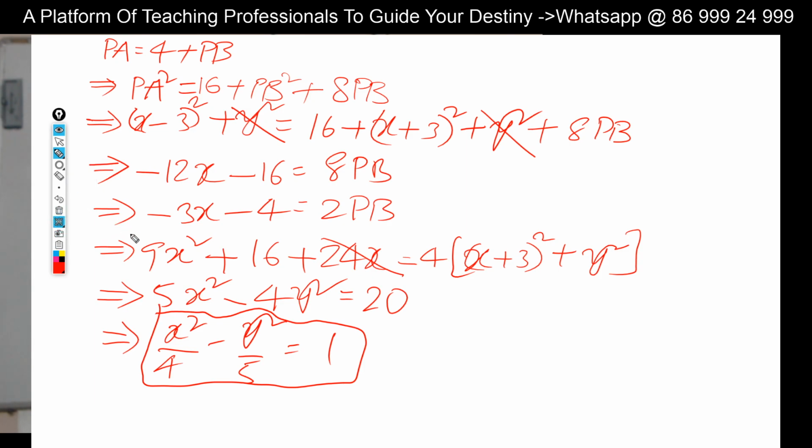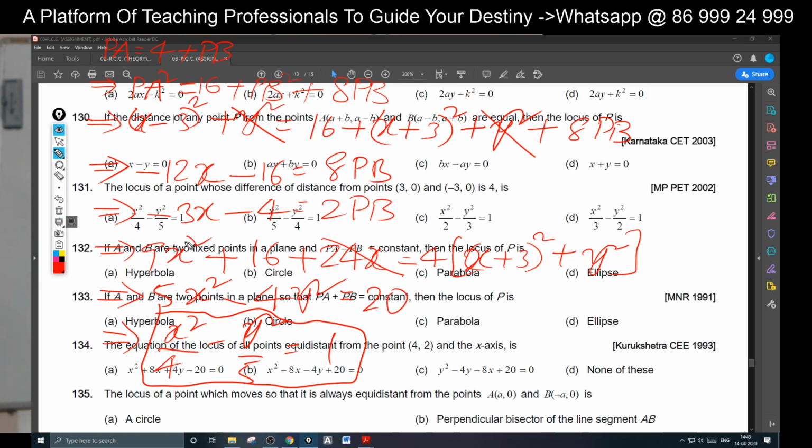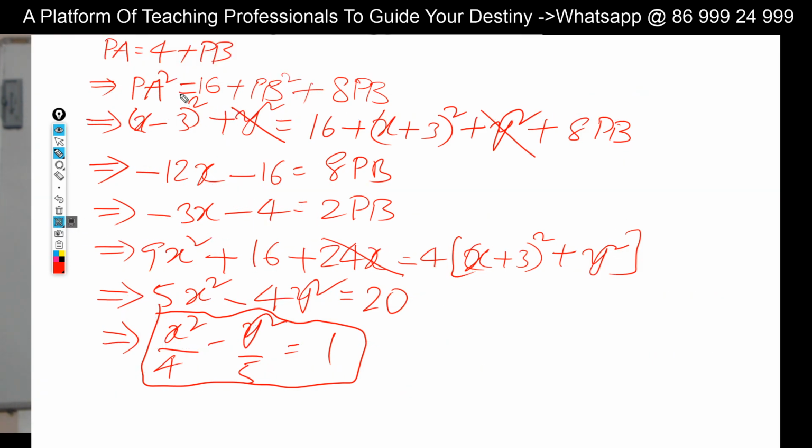Okay, so I think you might have done by now. Let me show you once the simplification here. This is PA is equal to 4 plus PB, squaring on both sides and directly substituting, y square gets cancelled, and it is a minus b whole square minus a plus b whole square, which becomes minus 4ab, and this is 16 brought this side is equal to 8 PB, divided with 4, and again squaring it, we have got the simplified form: x square by 4 minus y square by 5 is equal to 1.